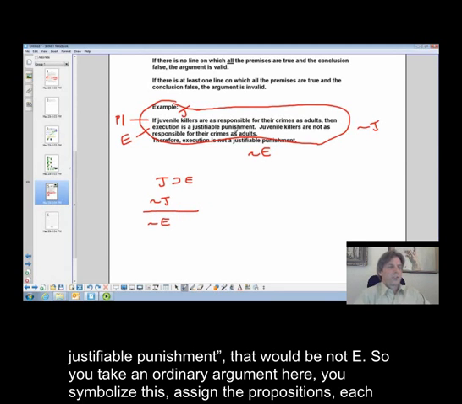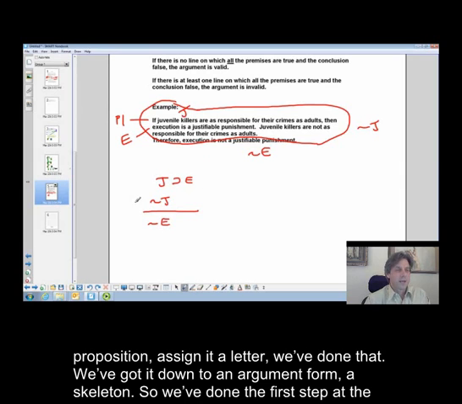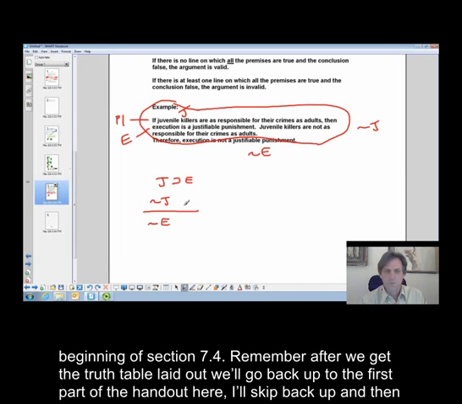Okay? So you take an ordinary argument here. You symbolize this, assign each proposition a letter. We've done that. We've got it down to an argument form, a skeleton. So we've done the first step at the beginning of section 6.4. Remember, after we get the truth table laid out, we'll go back up to the first part of the handout here.